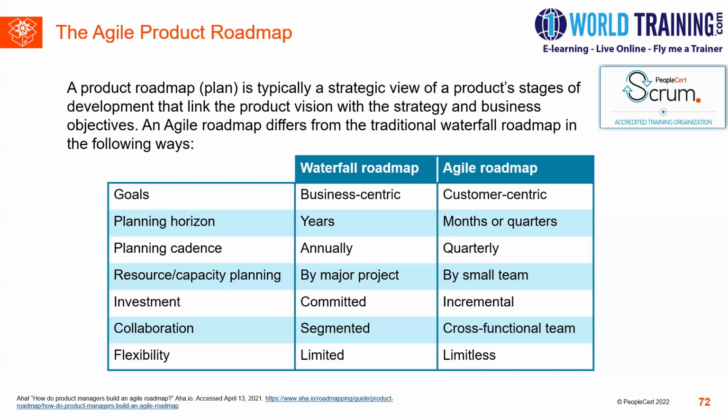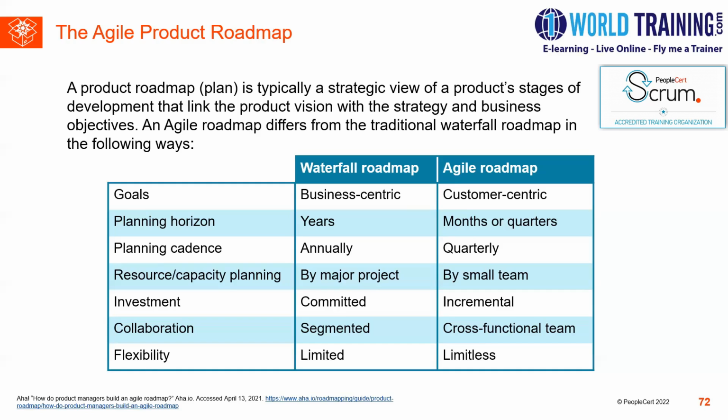The resource or capacity planning for the waterfall roadmap is focused primarily on major projects, and for the agile roadmap it is focused on small team size. So you define the capacity or the resources based on the team size you are carrying out.